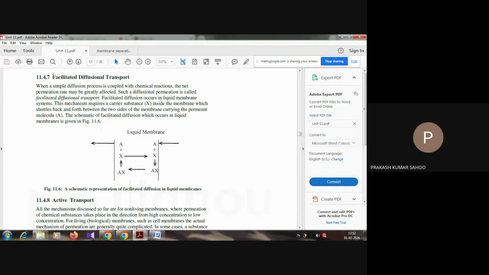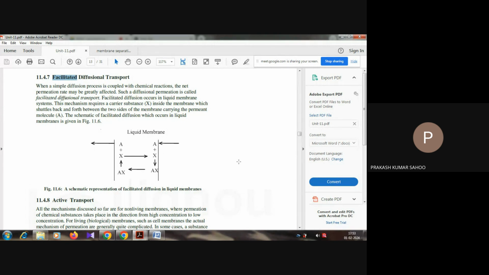Facilitated means the rate is enhanced, with the assistance of a chemical reaction. When a chemical reaction occurs, the diffusion process becomes facilitated.